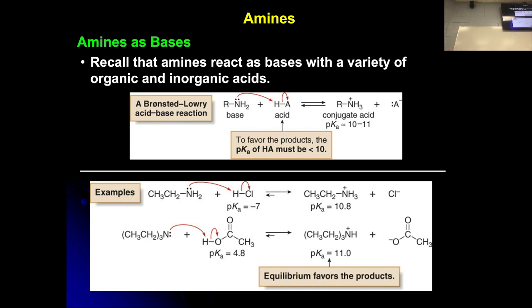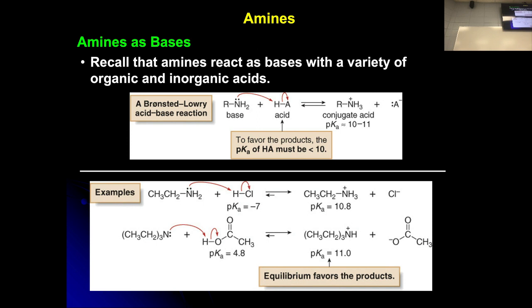So if I take this amine, how would you name that amine, you think? What's the parent chain? It's an ethane parent chain. I heard somebody say ethyl. Yeah?